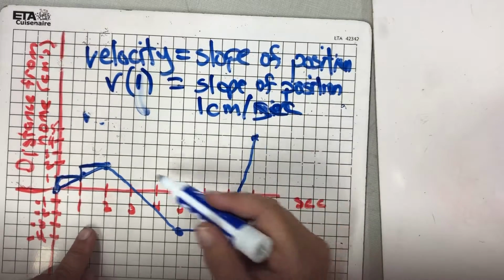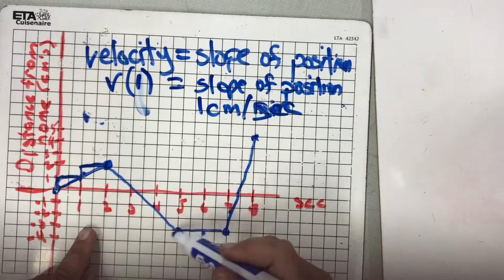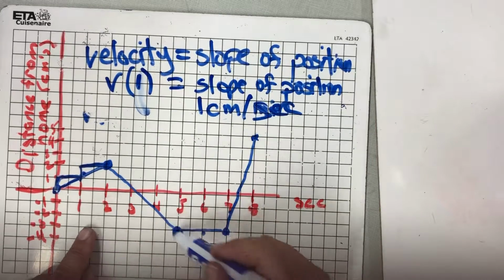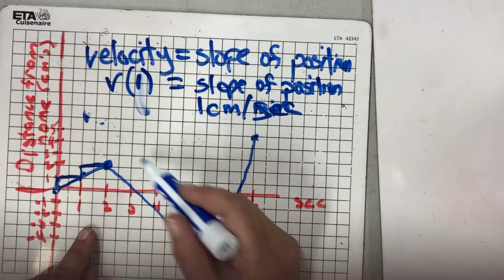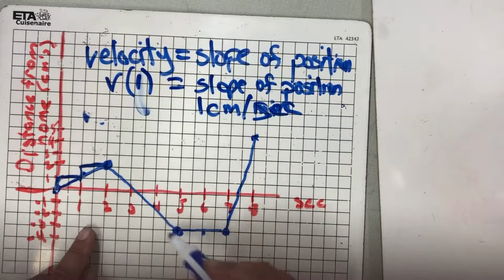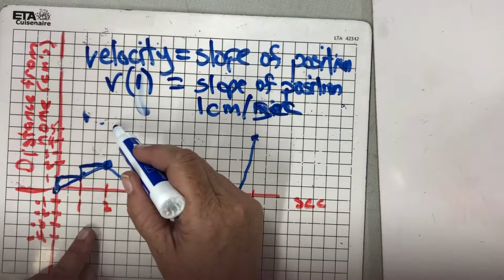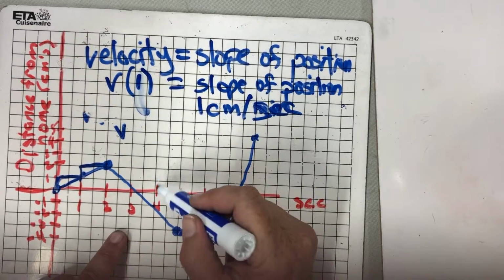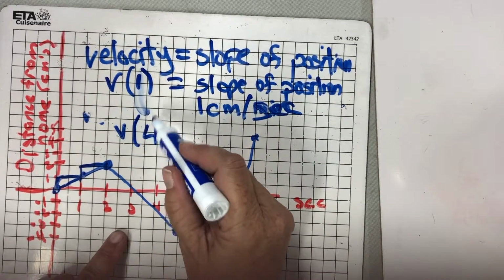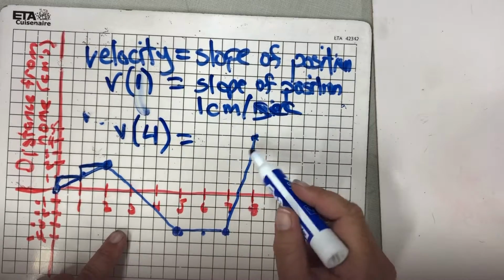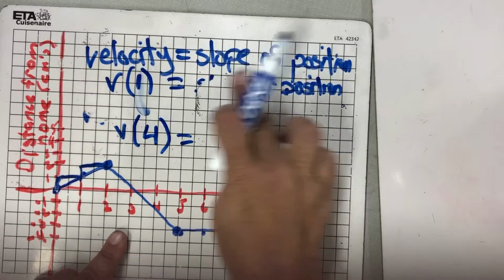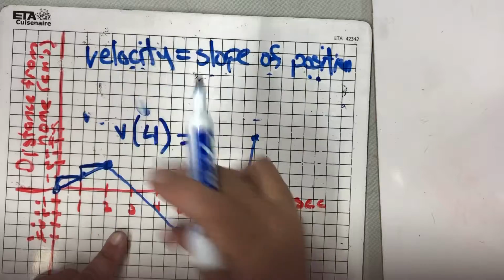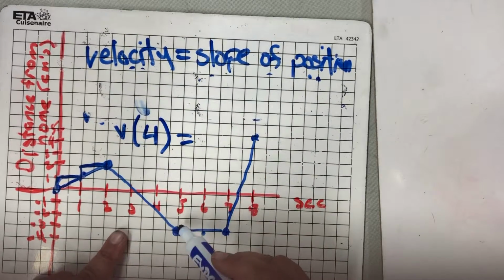So then, if we want to know the velocity on this whole interval, the slope is the same the entire time. So that means the velocity on this entire interval is going to be, let's just say the velocity at 4, the slope of this position function from here to here.